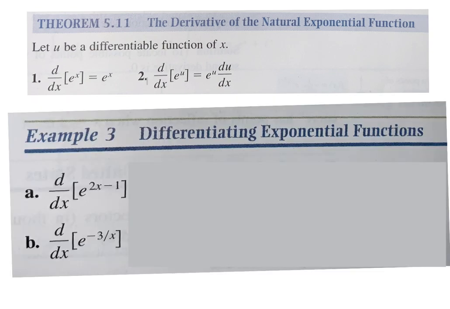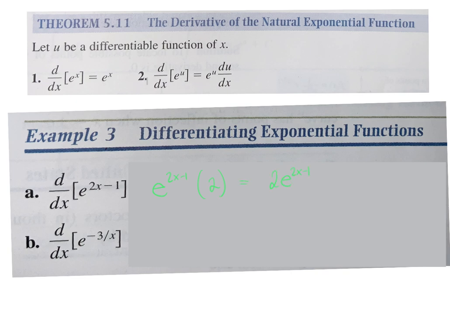So for example, the derivative of e to the 2x minus 1. Well, that is going to be e to the 2x minus 1 times the derivative of 2x minus 1. The derivative of 2x minus 1 is just 2. We wouldn't write it like that, that's hideous. We're going to write it like this: 2e to the 2x minus 1.